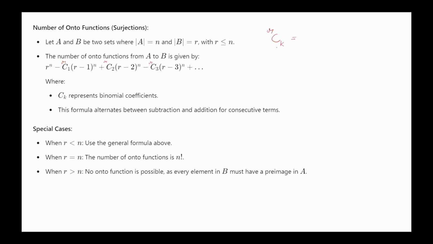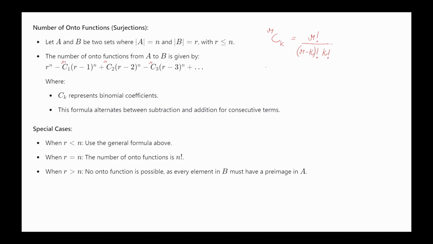This is known as a combination formula. And how does this become? This is r factorial upon r minus k factorial into k factorial. So this is just a little different from what we studied earlier. We studied rpk there. Here we are studying rck. So keep this difference in mind.